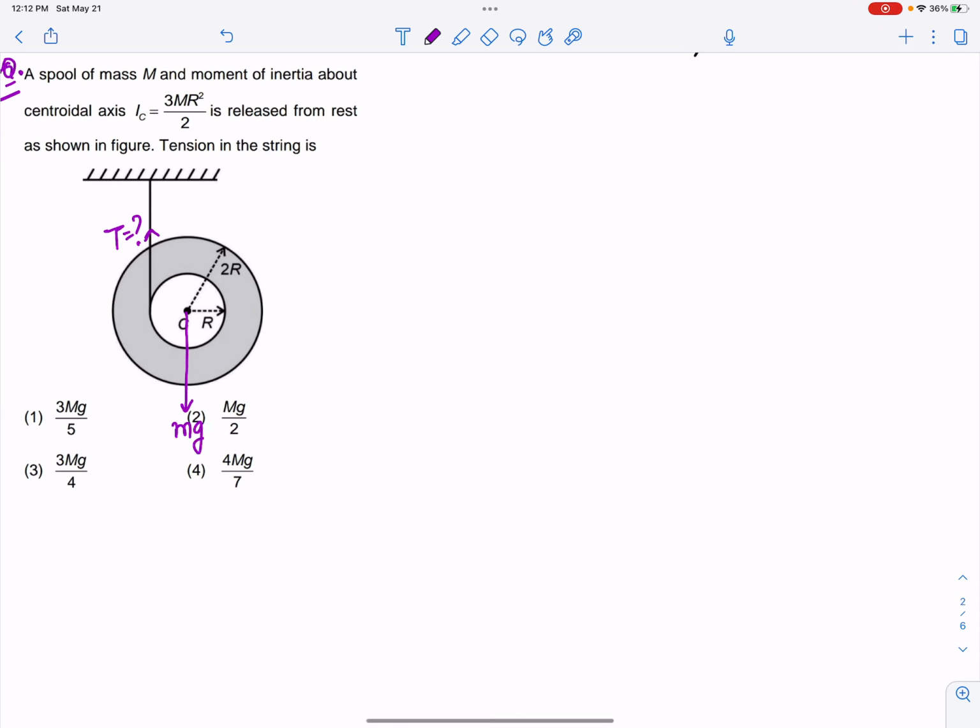The center of mass is going to move downward, so acceleration a, and it's rotating clockwise, so alpha clockwise. Now you know this motion is CRTM, translational motion plus rotational motion.